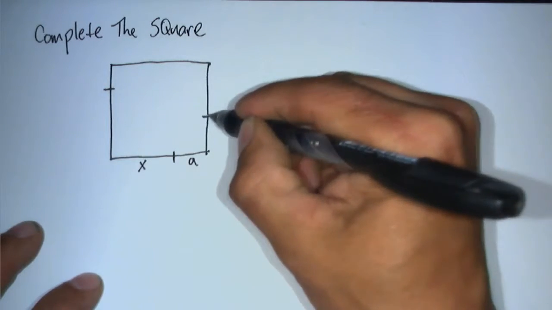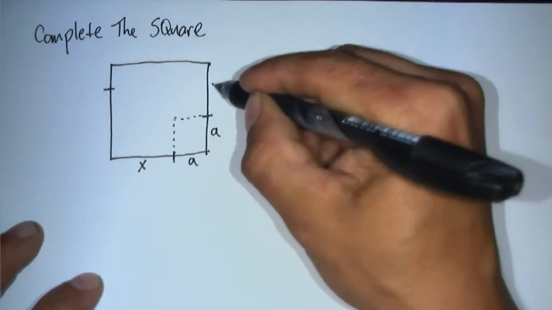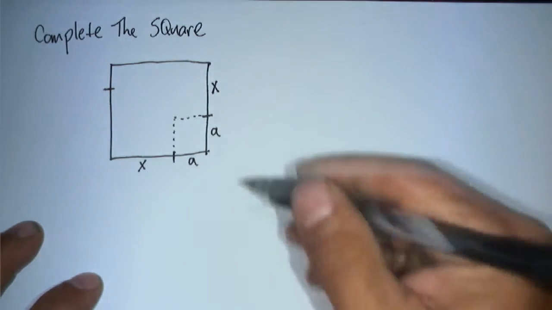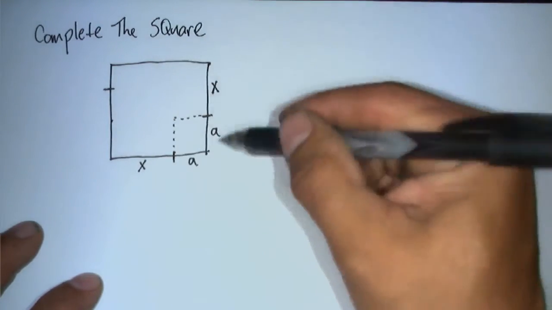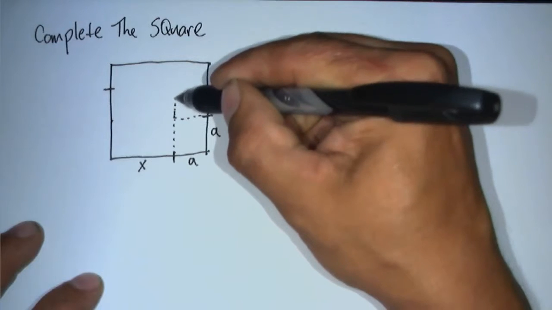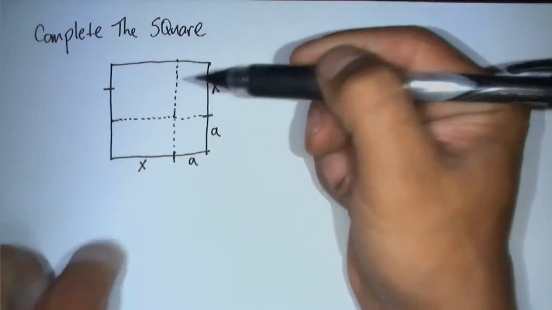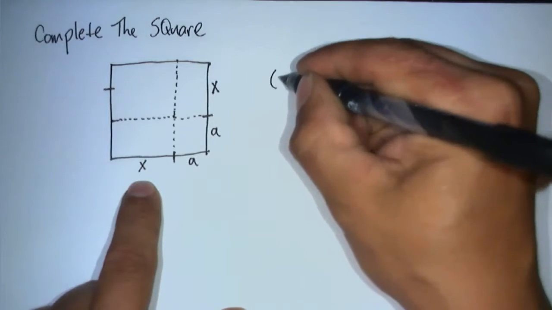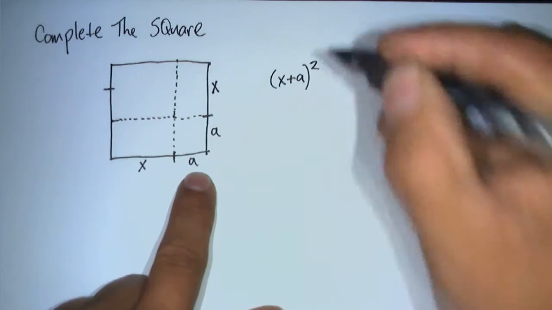So that would give this distance a, because it's a square, and this distance is x. Okay, so if I want to find the area of this square, the length is x plus a, and it's a square, so it'd be x plus a squared.